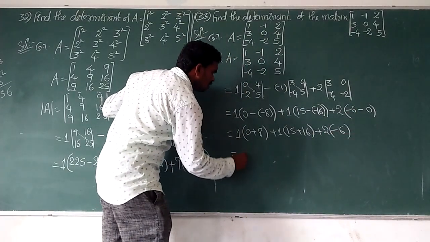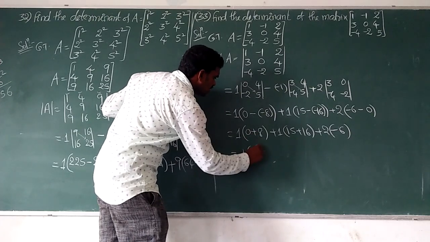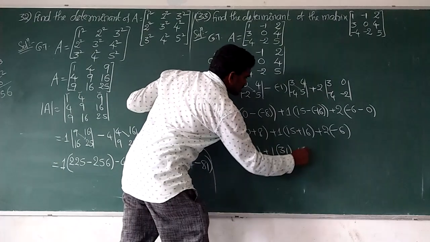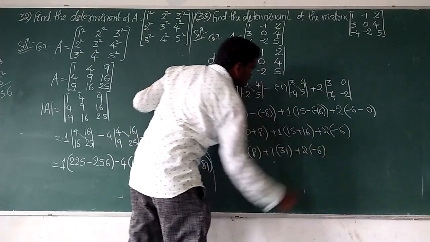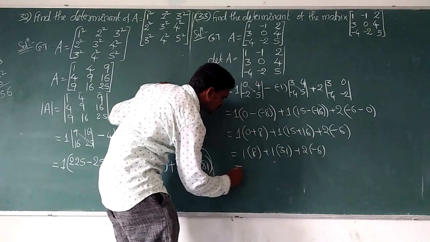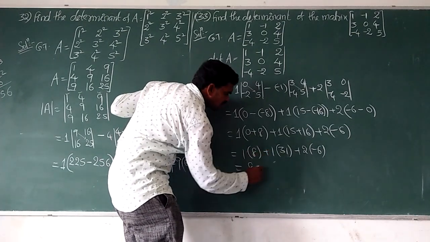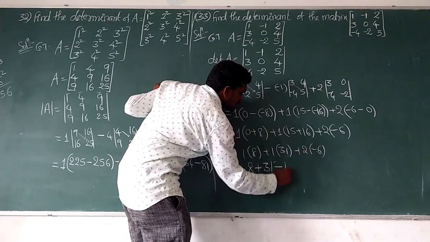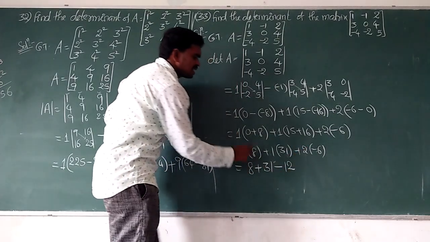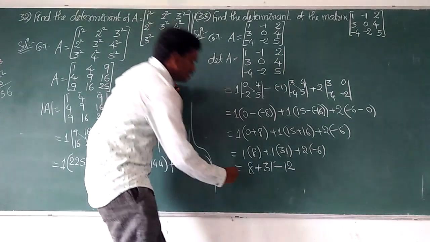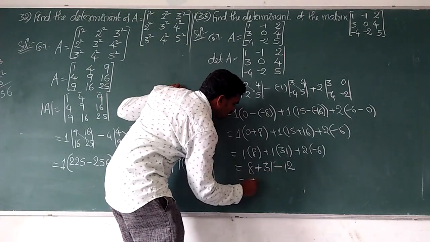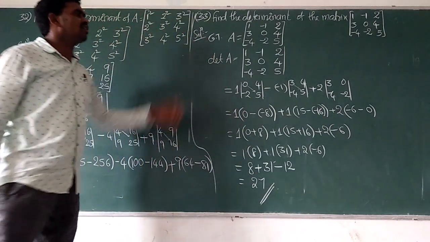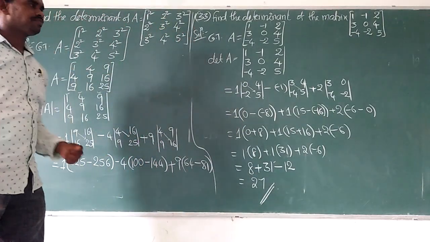Which is 1 into 8, 8, plus 1 into 31, 31, plus 2 into minus 6, minus 12. So 31 plus 8, how much? 39. 39 minus 12, how much? 27 is the determinant of the given question.